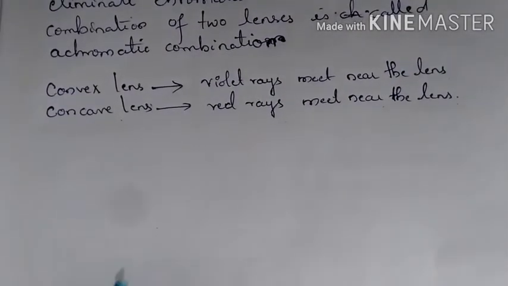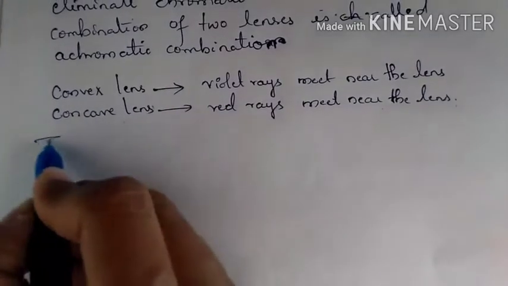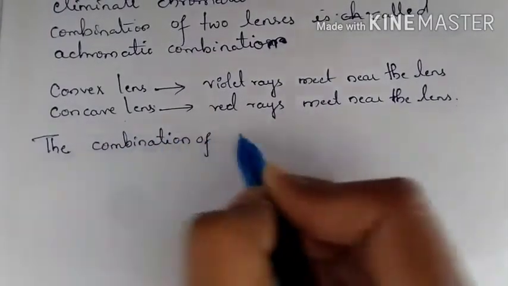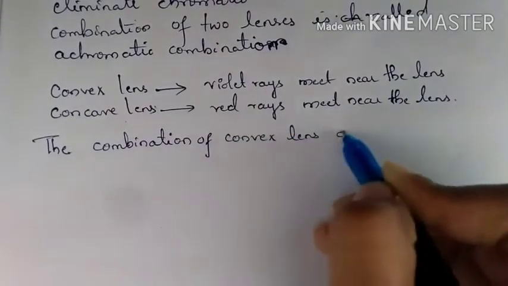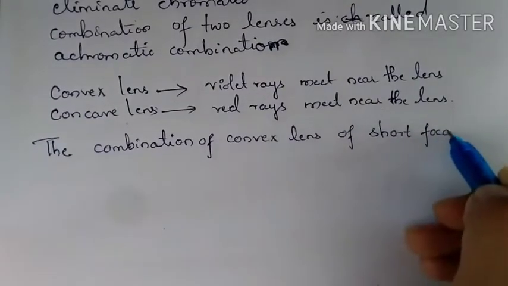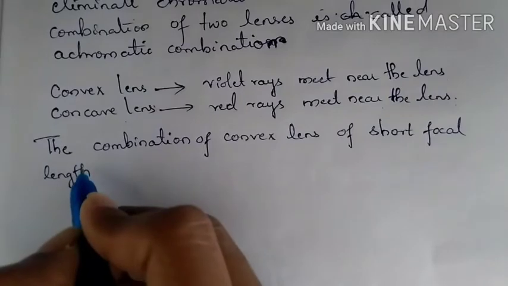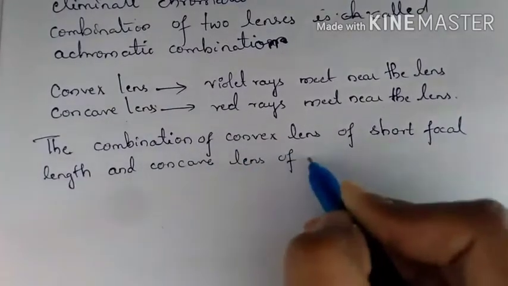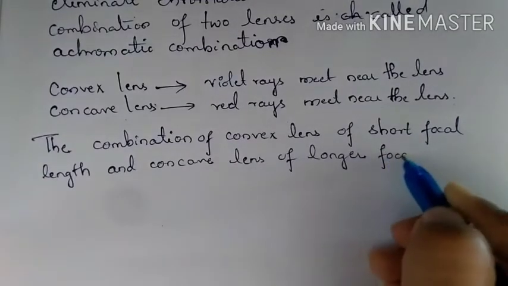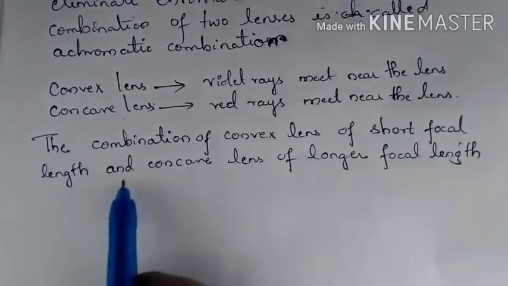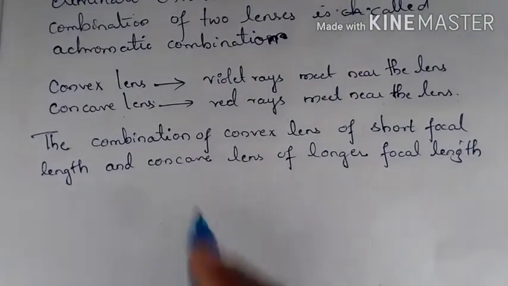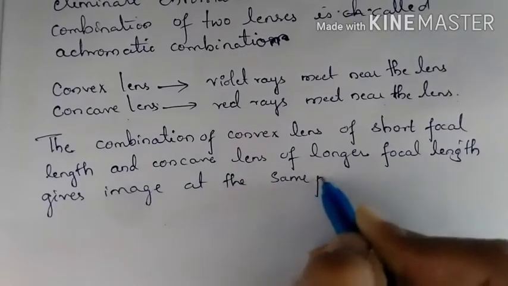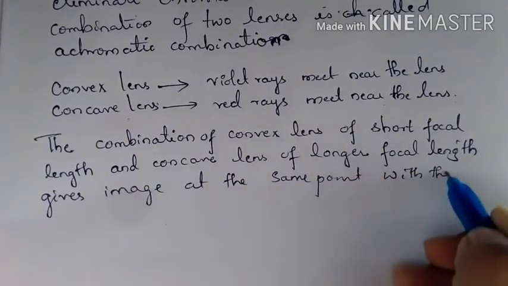The combination of a convex lens of short focal length and a concave lens of longer focal length gives the image at the same point with the same size.